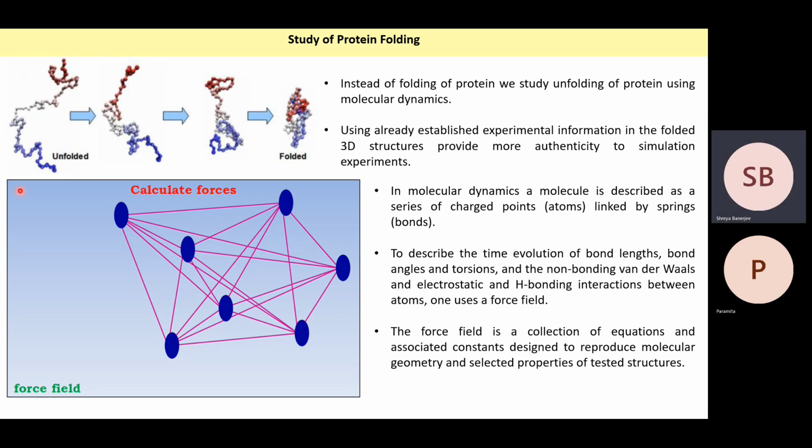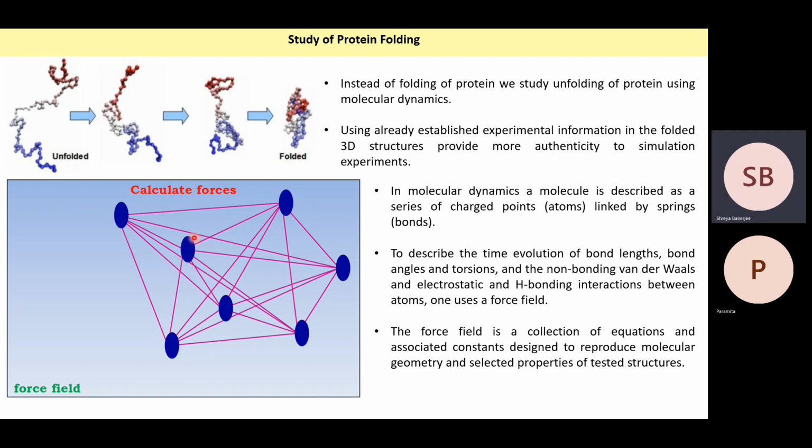Because we need a good initial model, it is always good to start from the folded structure and, using simulation, study how it is unfolding. Then, of course, we can get the reverse picture also, of how the unfolded structure goes to the folded structure. In molecular dynamics, a molecule is described as a series of charged points, which are the atoms, linked by springs, which are the bonds.